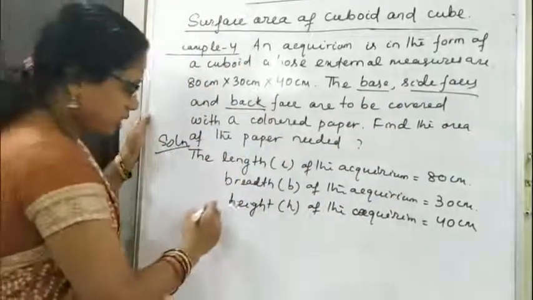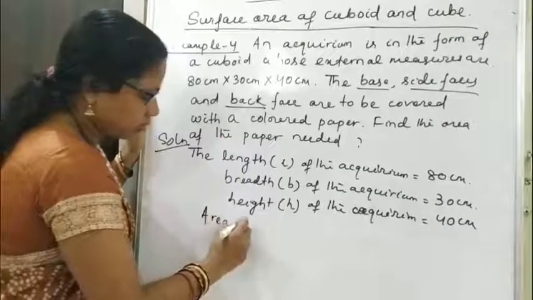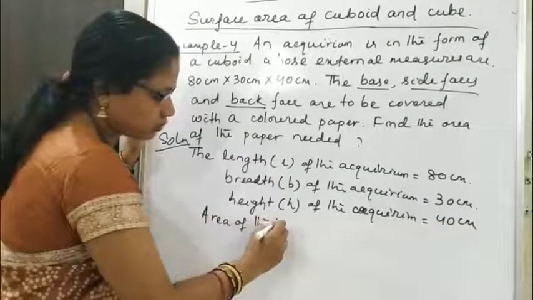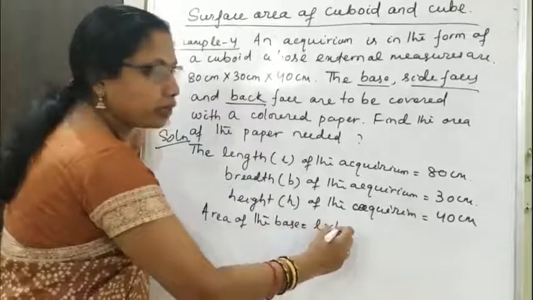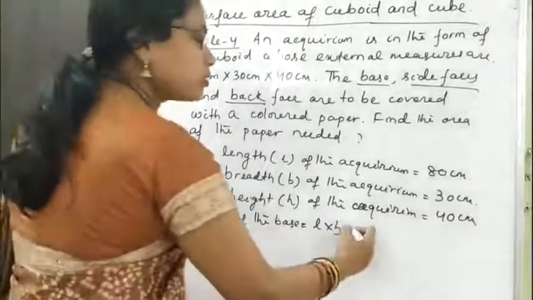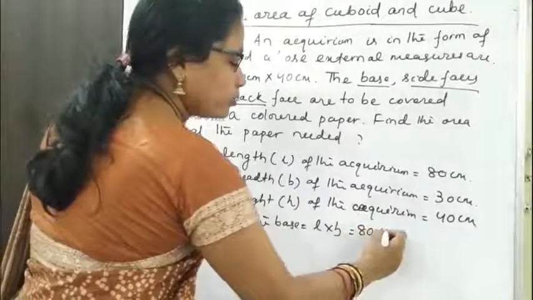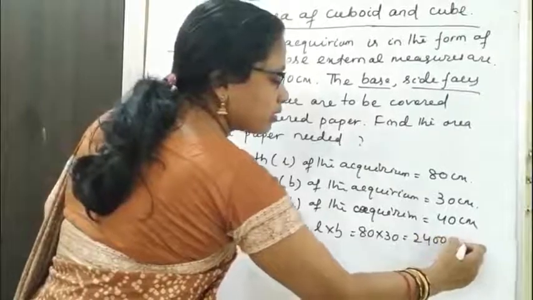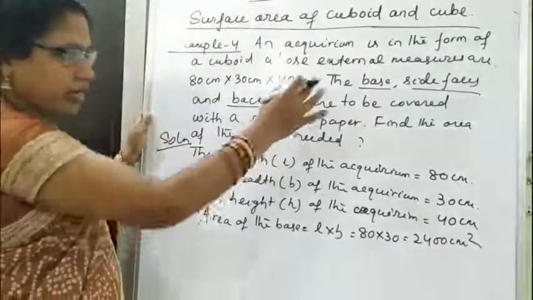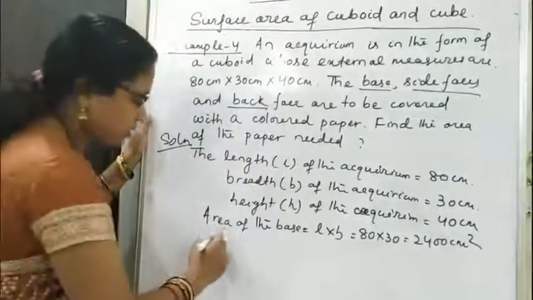So first, area of the base is equal to L into B. So this is equal to 80 into 30, that is 2400 centimeter square. Then area of the side faces.